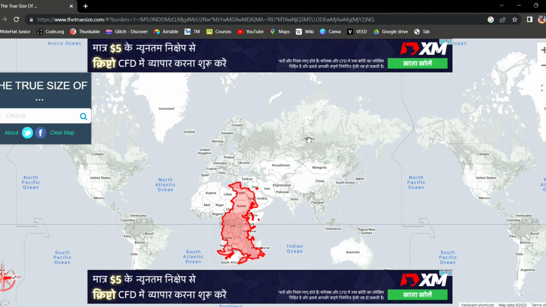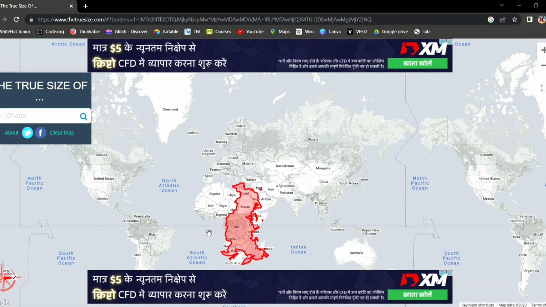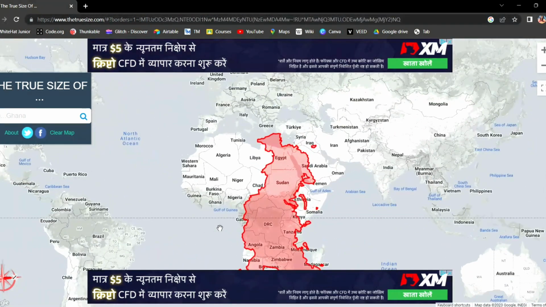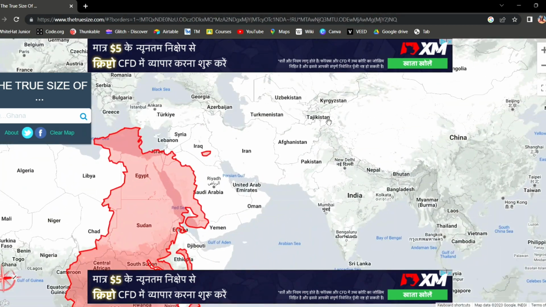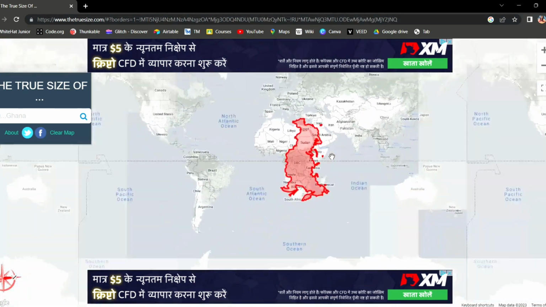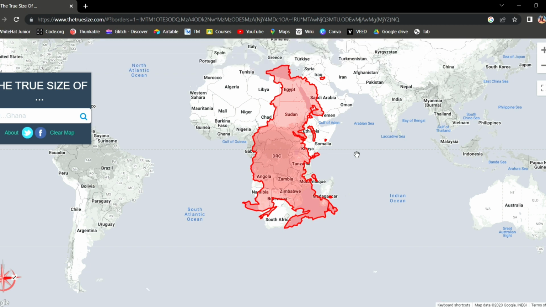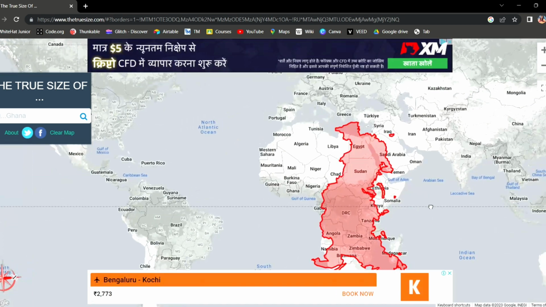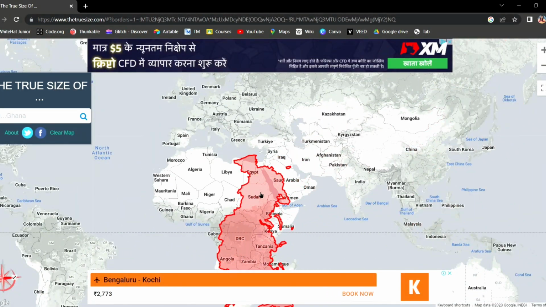On a normal map projection, Russia would look almost 2 times bigger than Africa, but actually it is about 1.5 times smaller than Africa. See the comparison here. Its width is the same as the width of Africa, and the length of Africa. Yes, this is pretty large.